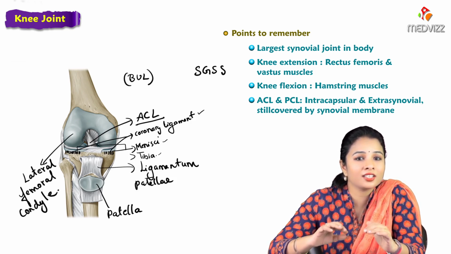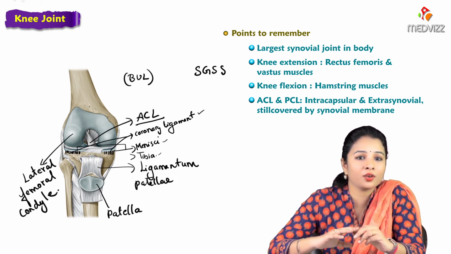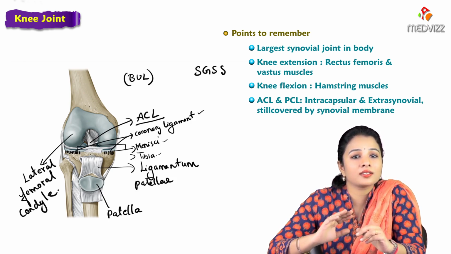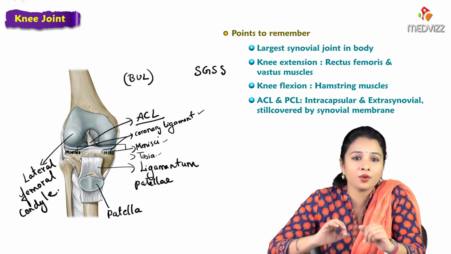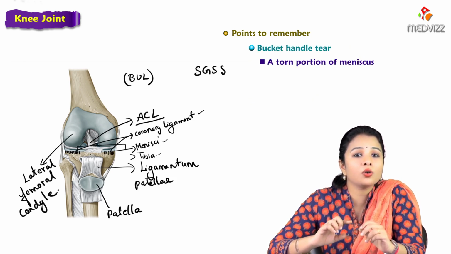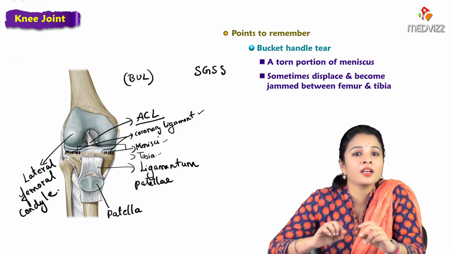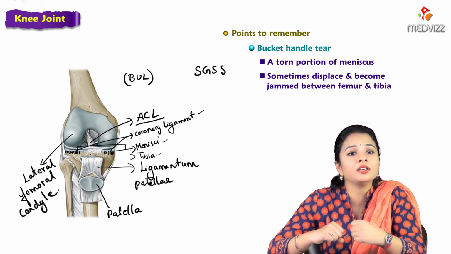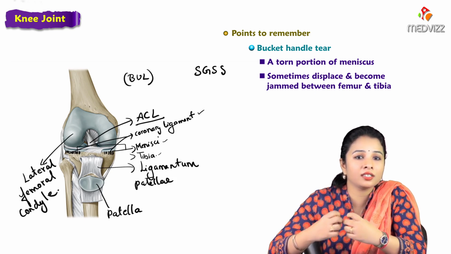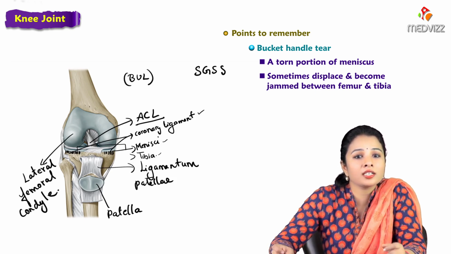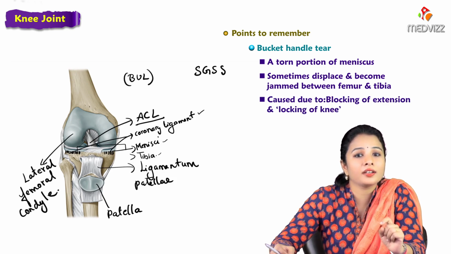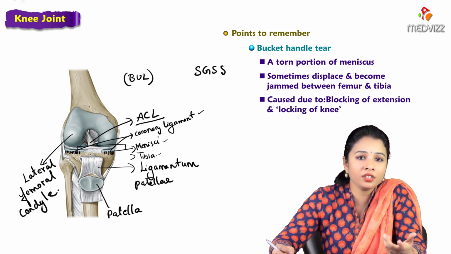They lie inside the joint capsule but outside the synovial cavity and are still covered by the synovial membrane. And a torn portion of the meniscus may sometimes displace and become jammed between the tibia and femur in the center of the joint, which is called a bucket handle tear. This may cause blocking of extension, locking of the knee.